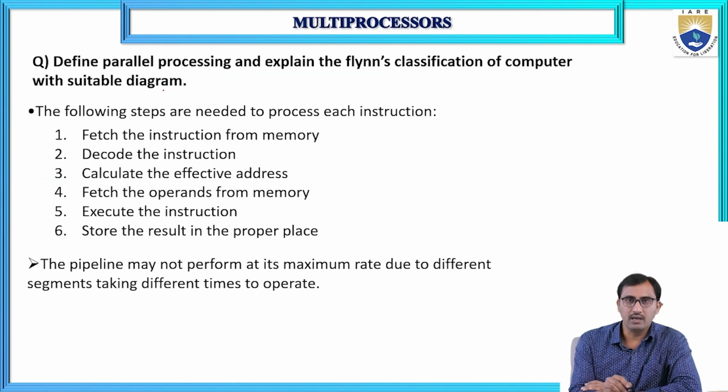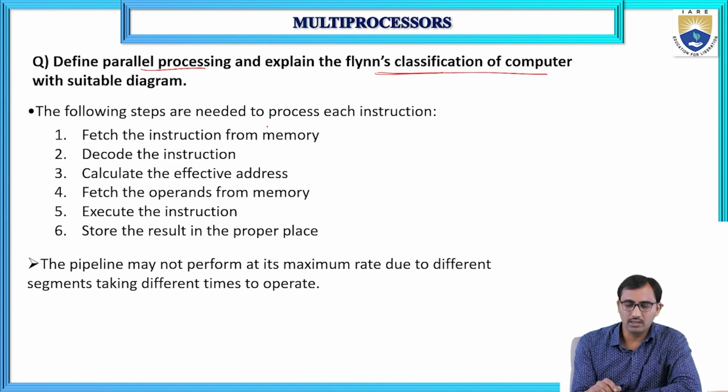Next, define parallel processing. Explain Flynn's classification of computers. Parallel processing means executing two or more operations simultaneously. That is called parallel processing.